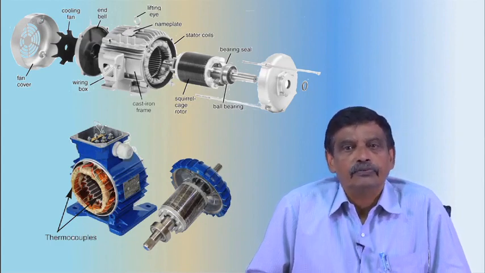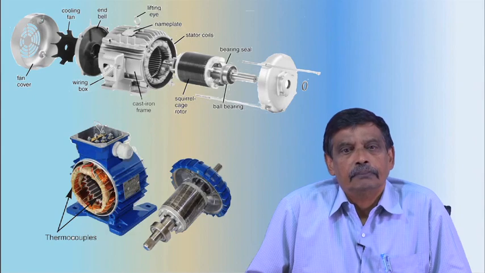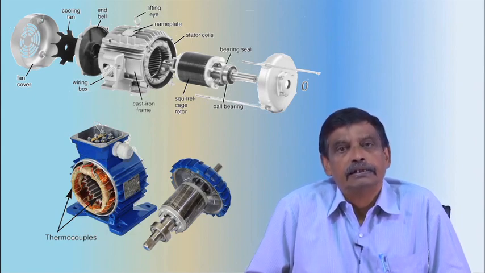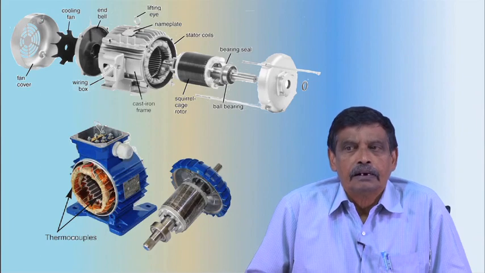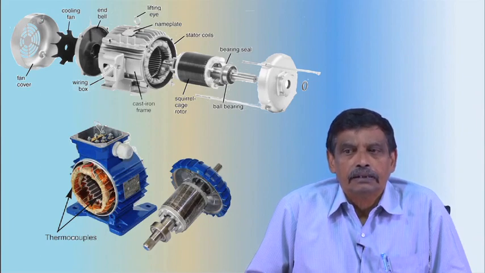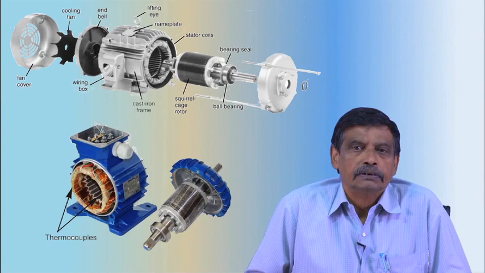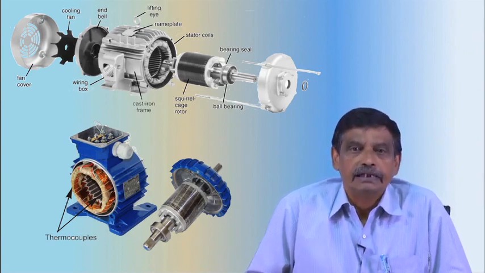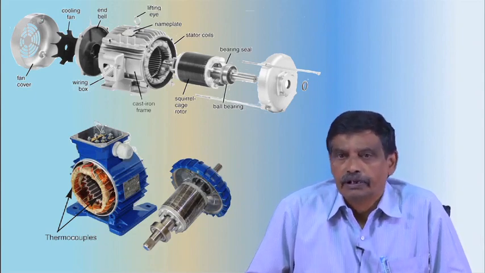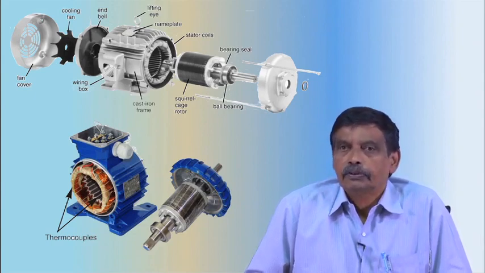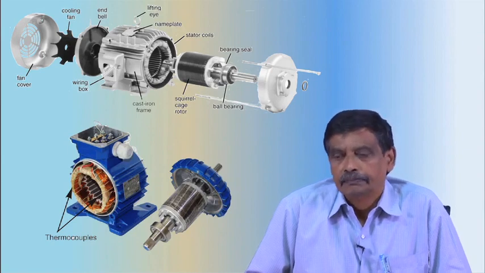Interaction of these two fields will be responsible to create the torque in a machine. The torque which will be produced will be steady in nature, provided certain conditions are fulfilled. So, those things will be highlighted.